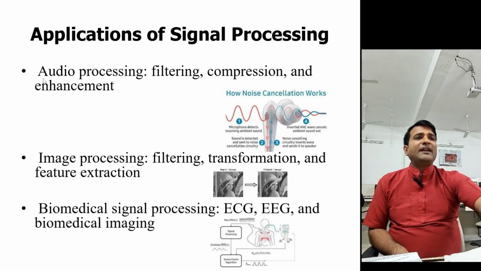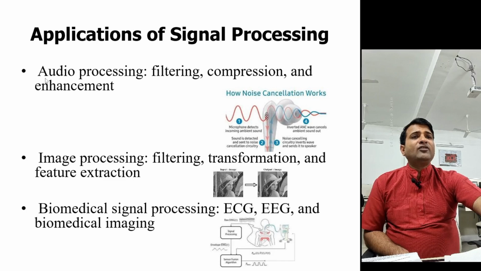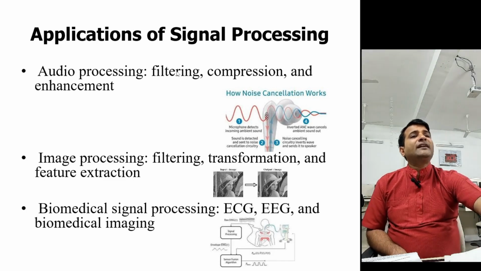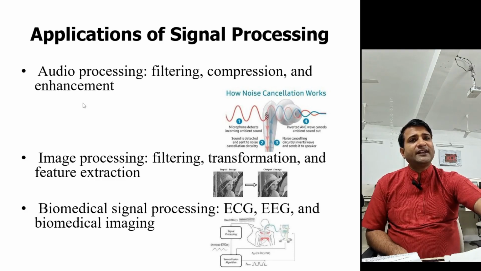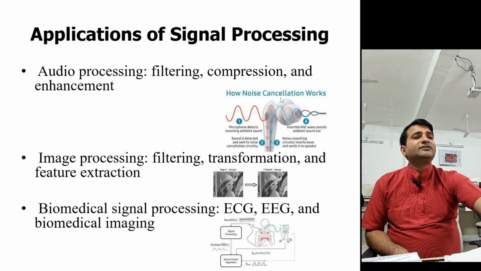And there are applications of signal processing in various areas. Likewise, you have studied audio processing. You have used various filtering techniques, compression techniques, and enhancement techniques. You have seen an example of how noise cancellation works in audio signal processing.